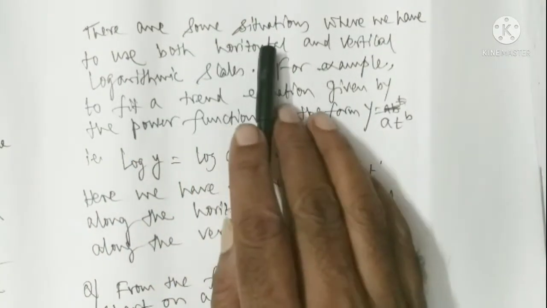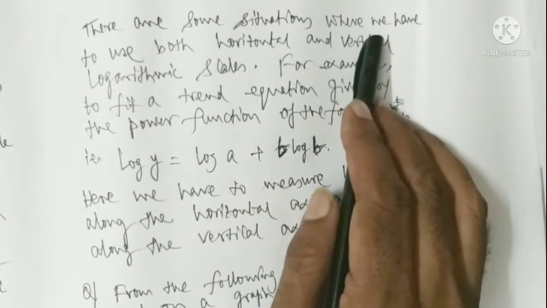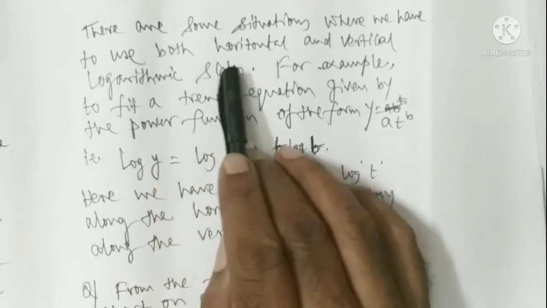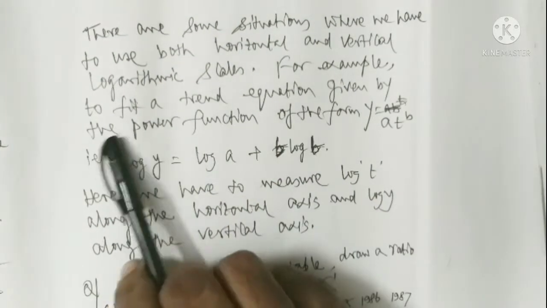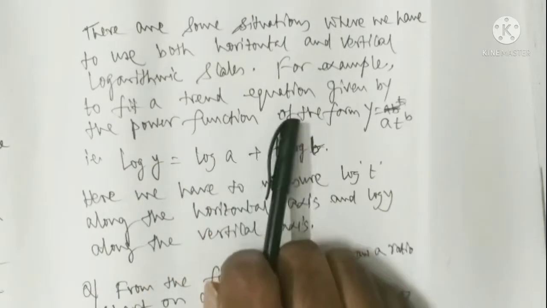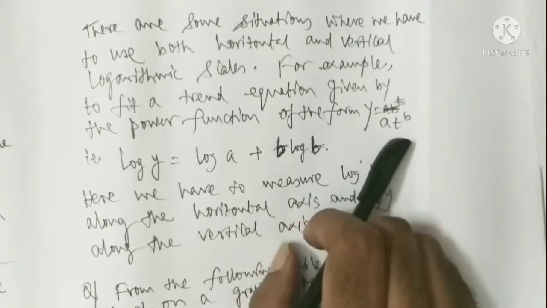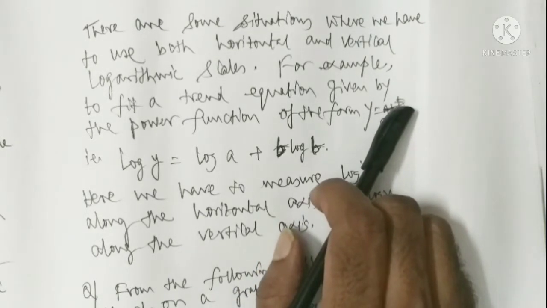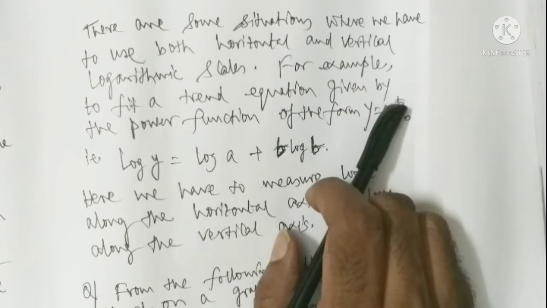There are some situations where we have to use both horizontal and vertical logarithmic scales. For example, to fit trend data by a power function of the form y equal to a t to the power b. In the previous form we discussed y equal to a into b to the power t, where t was the independent variable and log y was the dependent variable.